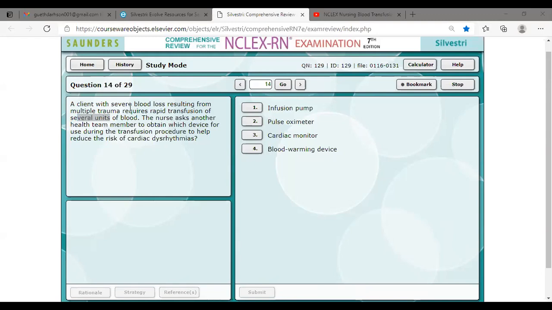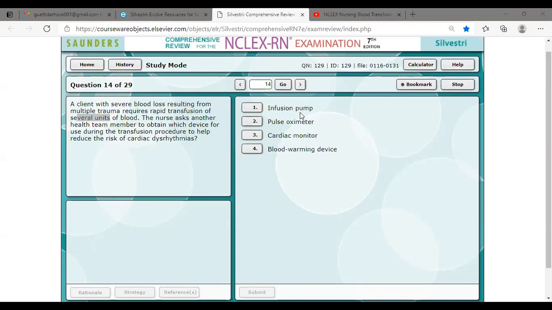And I said the blood will be cold when brought from the blood bank. So we have to have something to bring it to normal room temperature, then infuse to the patient. So first of all, what? Infusion pump. Infusion pump is important.